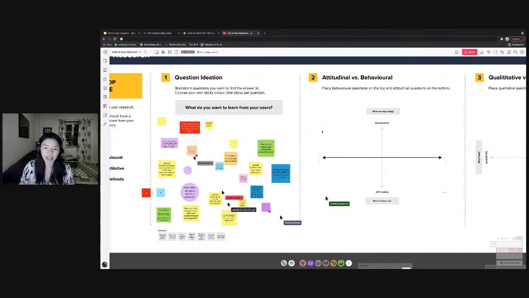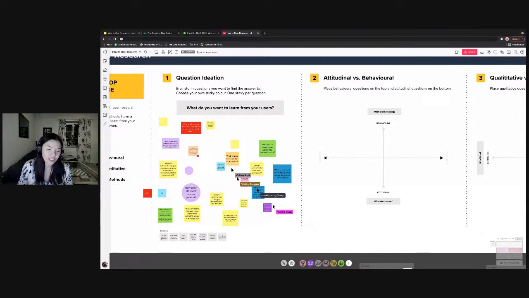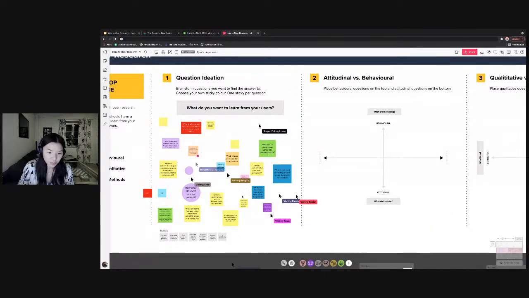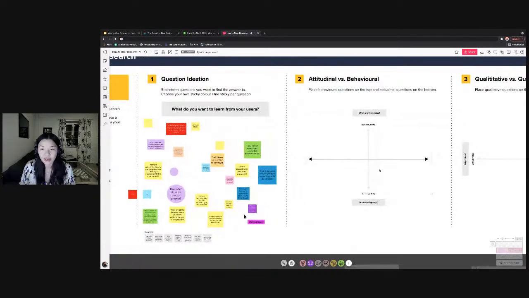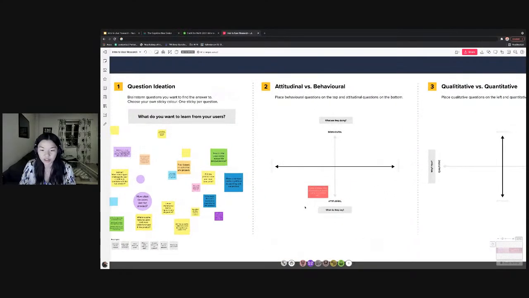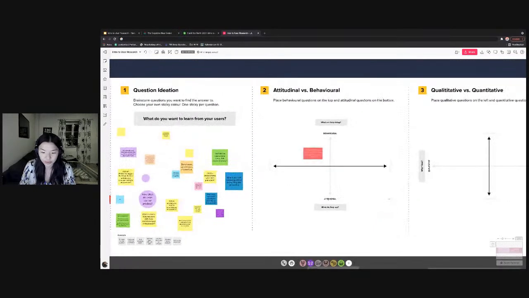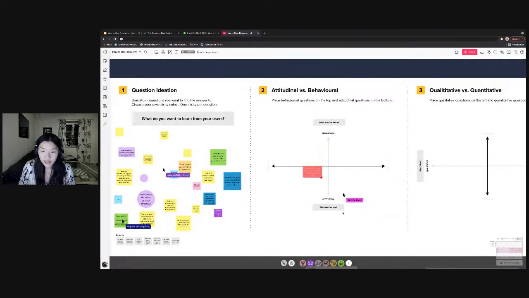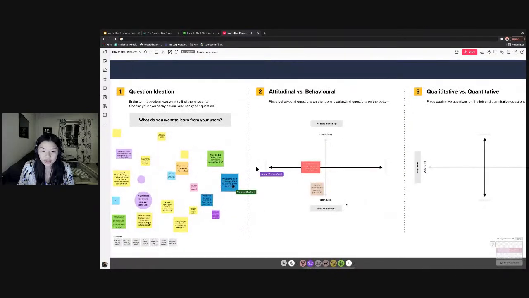So take the questions that you wrote and move them over to the next side, where we think about if it's a behavioral question, something that they're doing, you put it on the top side. If it's something that they say and have an opinion or perception about, then you put it on the bottom side. I'll give it a minute or two for that as well, thinking about where it belongs.